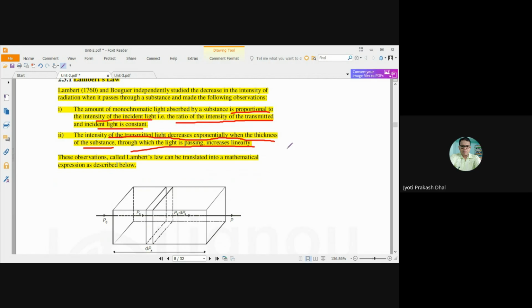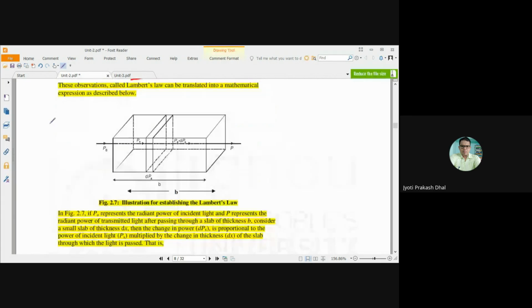So that means if the thickness increases, then the intensity of the transmitted light decreases exponentially. This observation is called Lambert's law, and that can be translated into a mathematical expression.